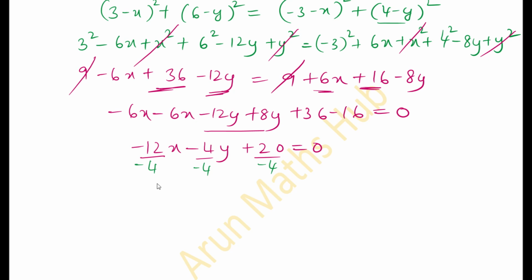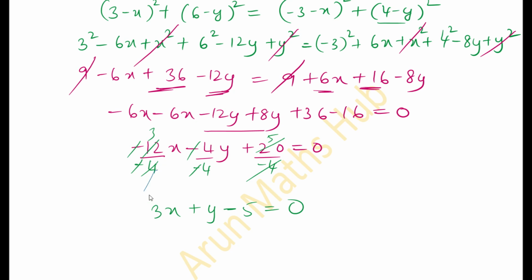You can keep it as minus, that is minus and minus will cancel out. 4 ones are 4, 4 threes are 12, we'll get 3x, minus will cancel out. 4 ones are 4, that is 1y, and plus divided by minus is minus. 4 ones are 4, 4 fives are 20, we get minus 5 equals 0.